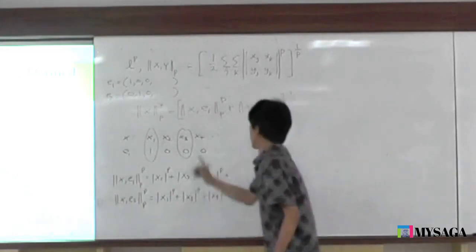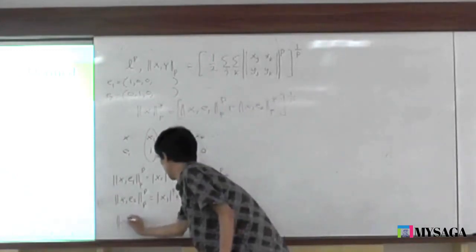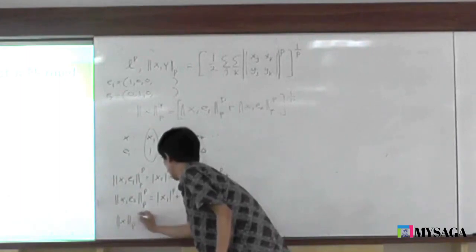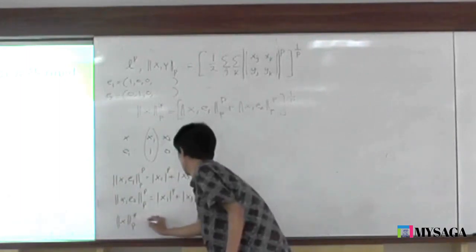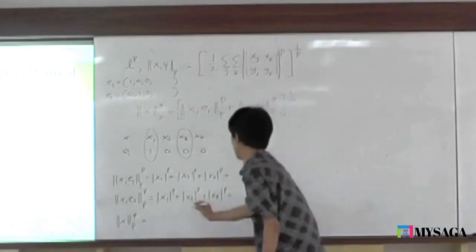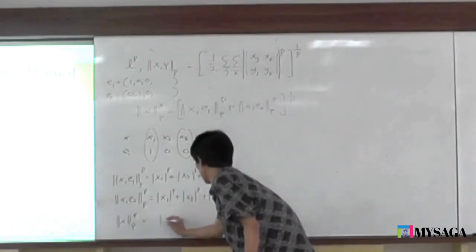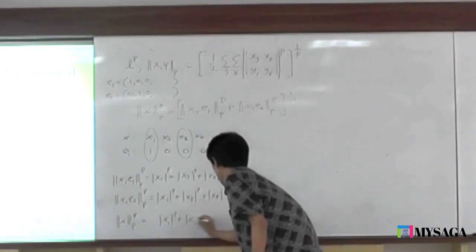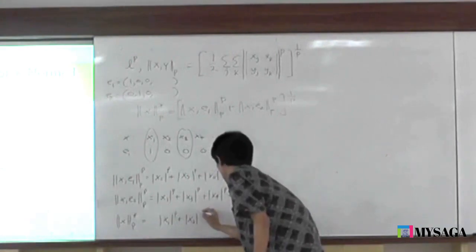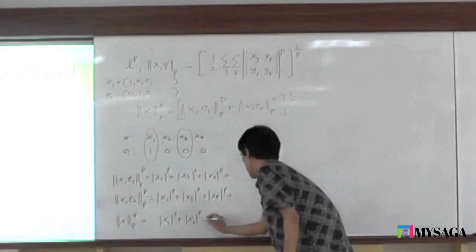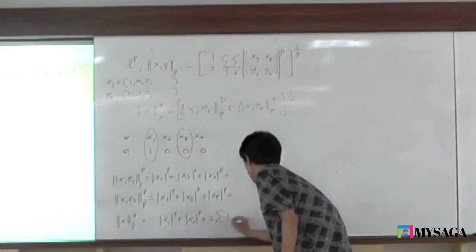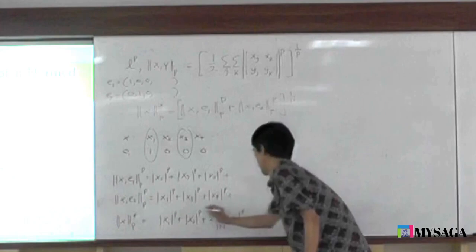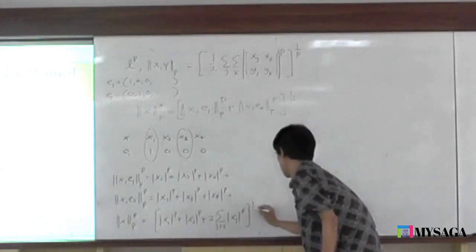So when you compute this, then the norm of x star is the absolute value of x1 to the power p with coefficient 1, the absolute value of x2 to the power p with coefficient 1 also, and everything else with coefficient 2, so j greater than 2. And all this is raised to the power 1 over p.